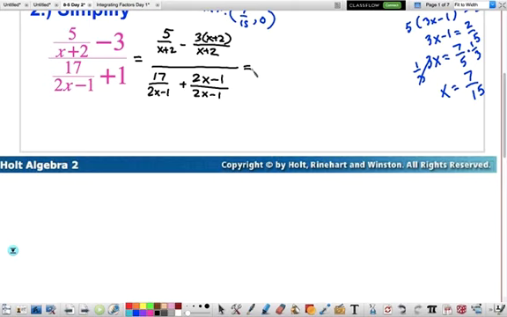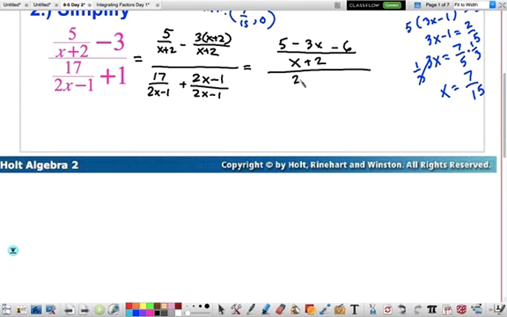And you all understand. Alright, well then let's combine like terms up here. This is 5 minus 3 times x, 3x. 3 times 2 is 6, but it's being subtracted, so subtract it. That's all over x plus 2. Well, let's see, 17 plus 2x minus 1. 17 plus negative 1 is 16.